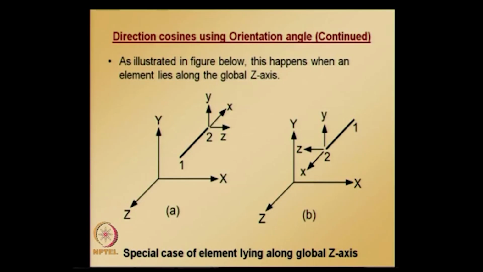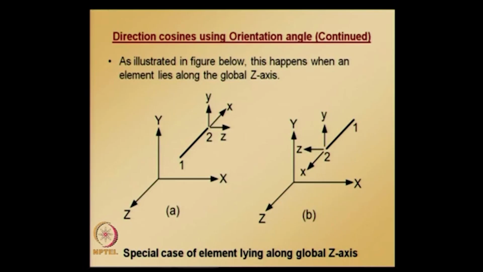So, in this special case, instead of using that formula in that equation, we can go back and carefully inspect what the rotation matrix is. It consists of the cosine of the angle between the local axis and the global axis.